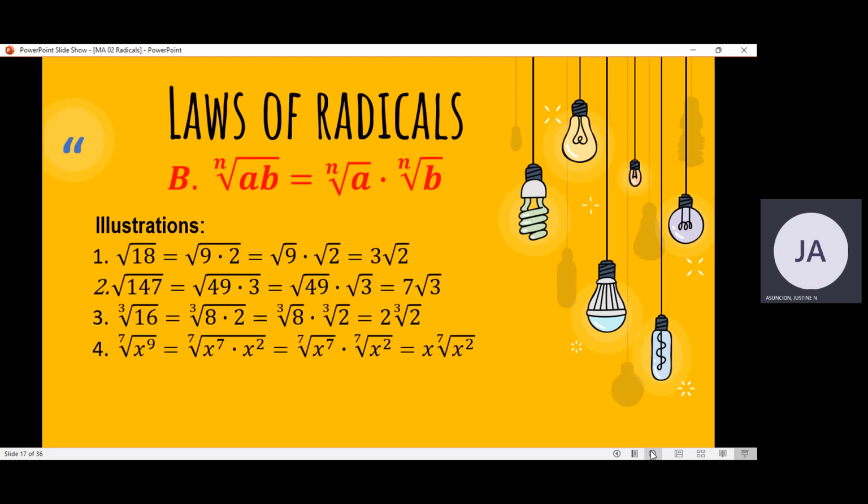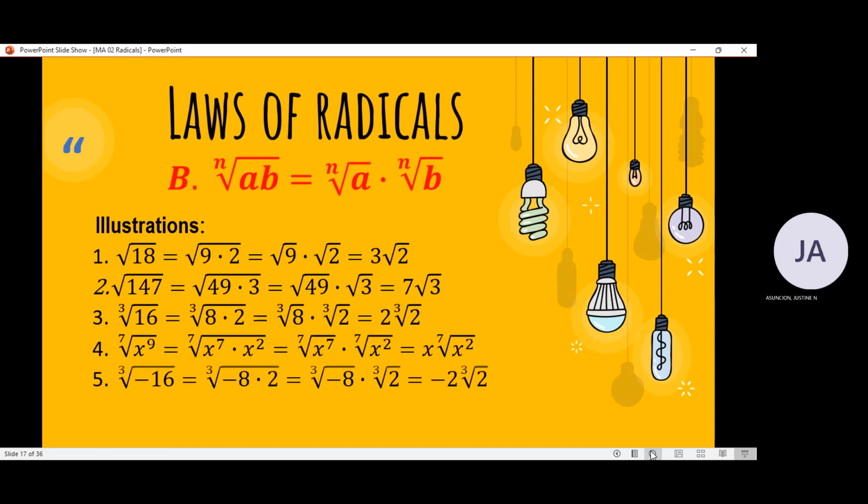So we have here the answer, x times the seventh root of x squared. Example 5, the cube root of negative 16. Okay, again, we have here cube root of negative 8 times the cube root of 2. And the cube root of negative 8 is negative 2. So we have here negative 2 cube root of 2.